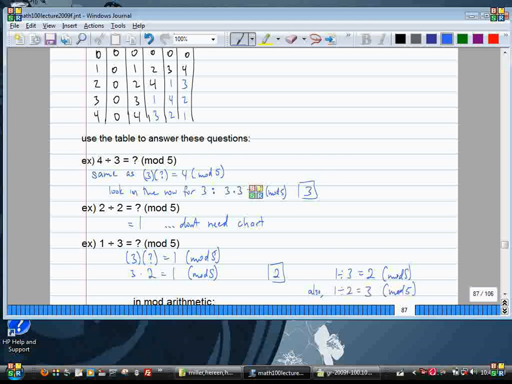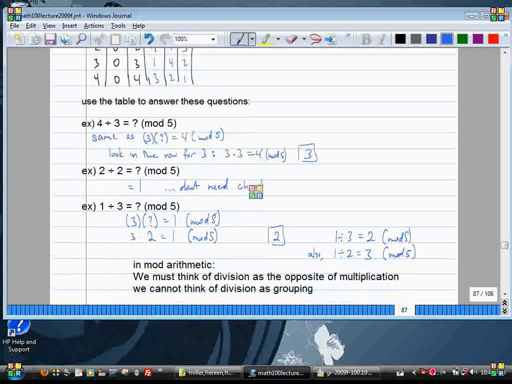You have to remember what it means to multiply. You have to remember how multiplication and division are related. We have to think of division as the opposite of multiplication. We cannot think of division as grouping, as I said before. So if you have 3 times 2 equals 1, what can you do to this statement? You can divide by 3, so what we wanted was 1 divided by 3.